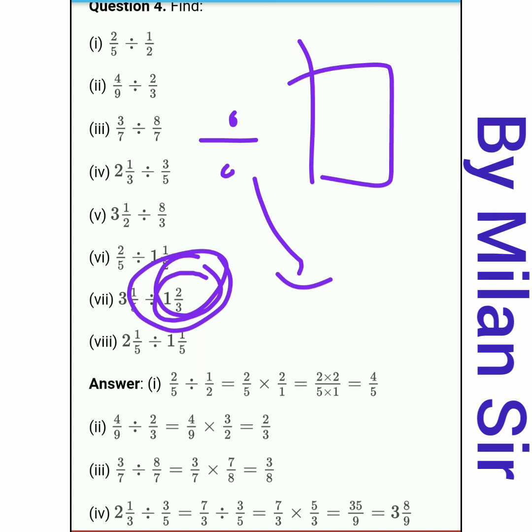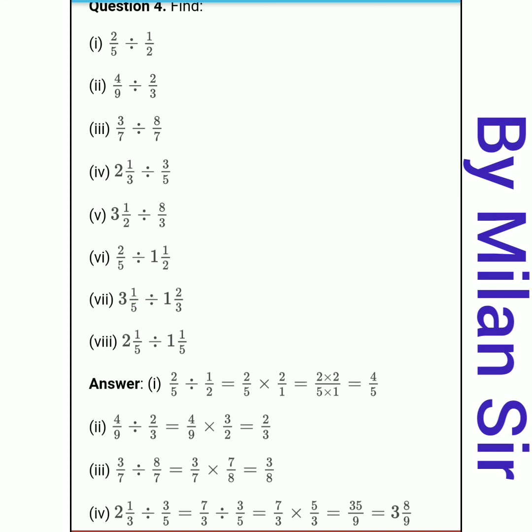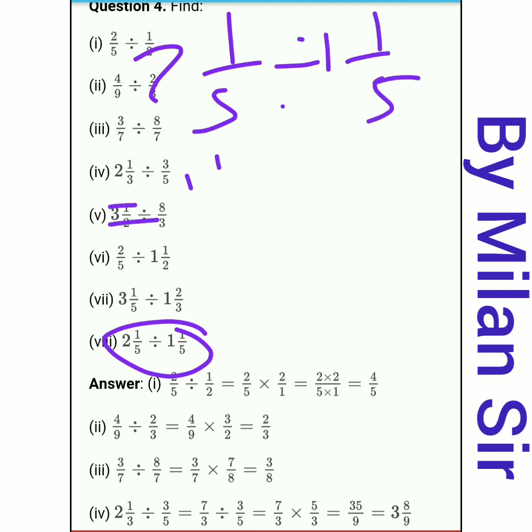Second thing, whenever we convert division into multiplication, in that step we need to take the reciprocal of the second number. That means we cannot make a mistake like this: 2 integer 1 by 5, 1 integer 1 by 5, here 11 by 5, then directly writing multiplication and 6 by 5.